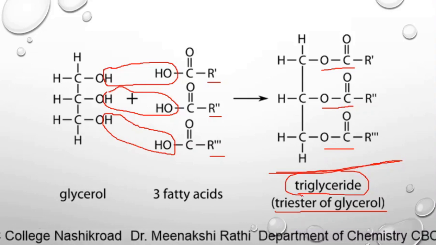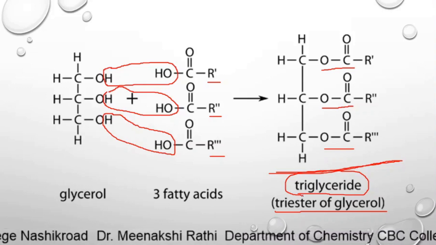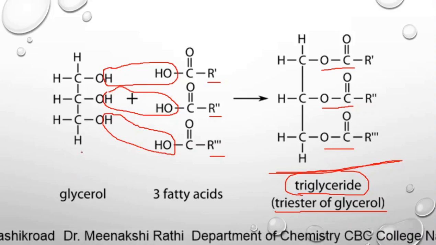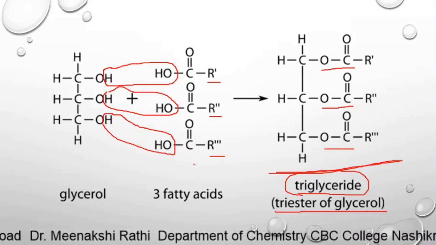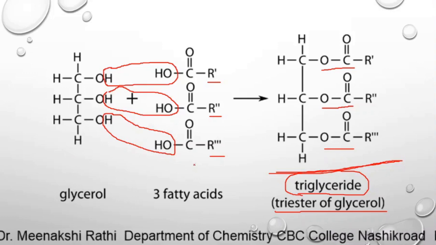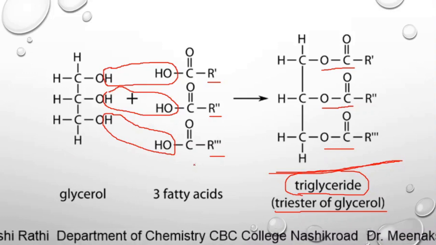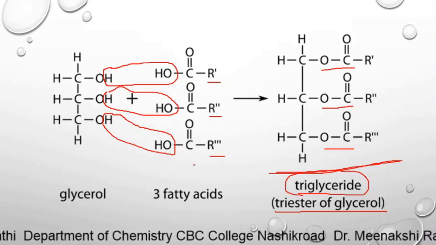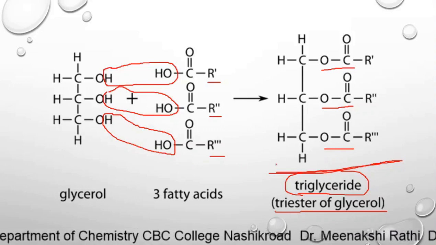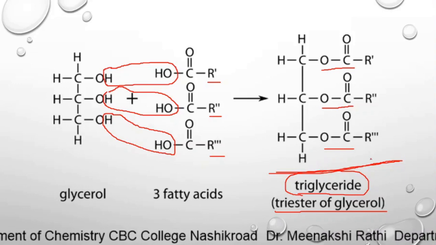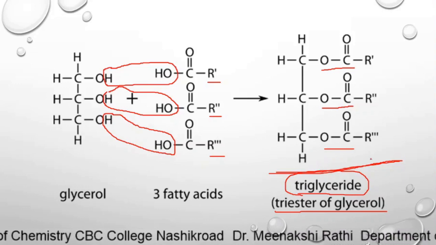Triglycerides are nothing but the esters of glycerol, in which one molecule of glycerol is attached with 3 molecules of fatty acids. These fatty acids may be saturated, unsaturated or polyunsaturated, and there is formation of an ester compound which is called triglyceride.